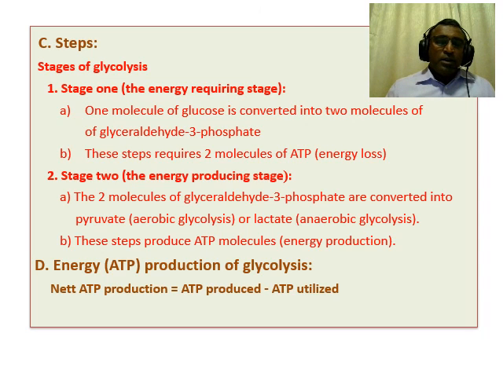Okay, and there's also shown there the net ATP production because of the 10 steps of glycolysis will be 4 minus 2, that is net of 2 ATPs.